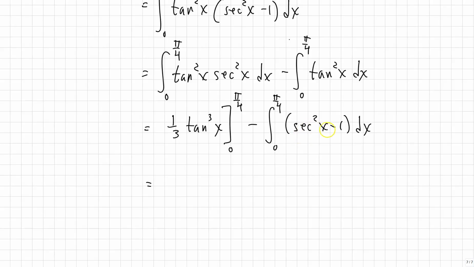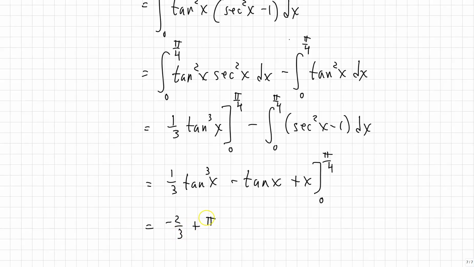And the antiderivative of secant squared is tangent, and the antiderivative of 1 is x, so we end up with 1/3 tangent cubed minus tangent plus x, from 0 to pi over 4. So plug in the top, plug in the bottom, and subtract. You get negative 2/3 plus pi over 4, which is approximately 0.119 for that one.